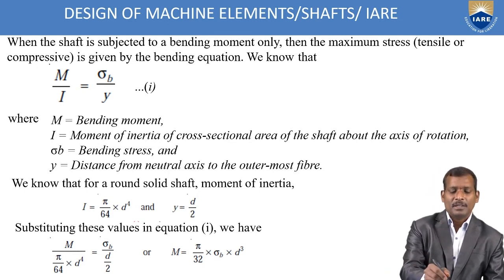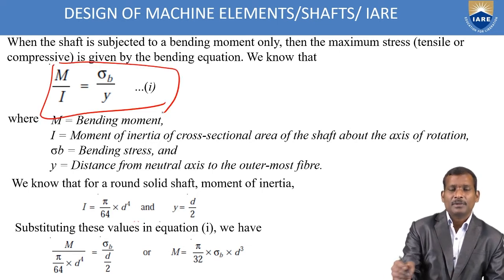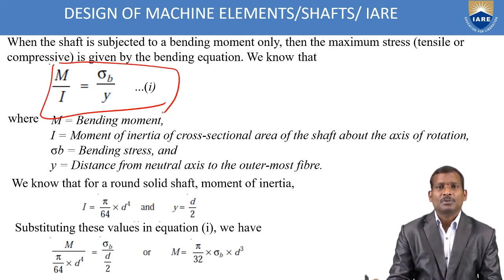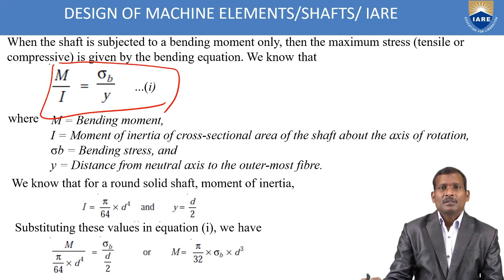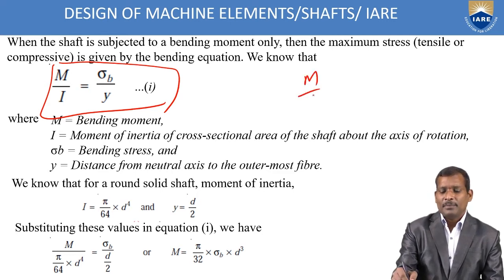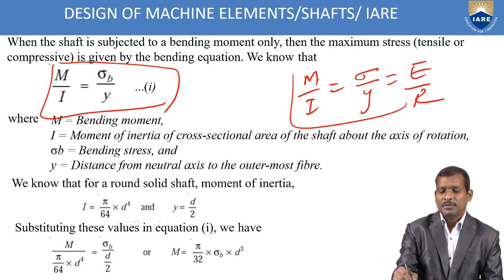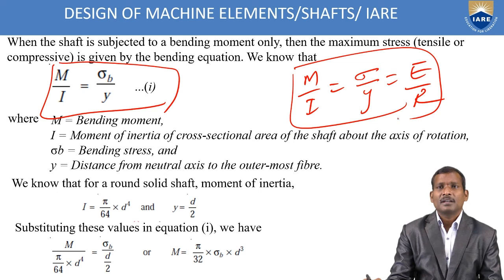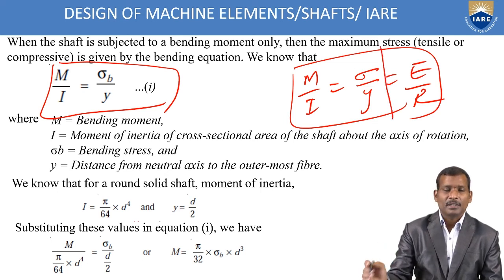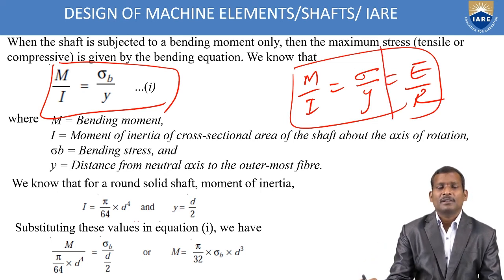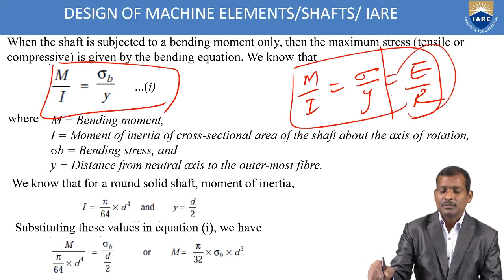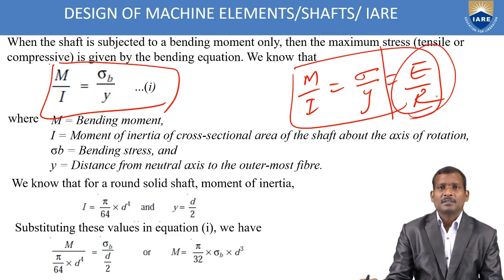The actual bending equation is M by I is equal to sigma by Y is equal to E by R, but we will take only up to M by I is equal to sigma by Y. We don't need the E by R.